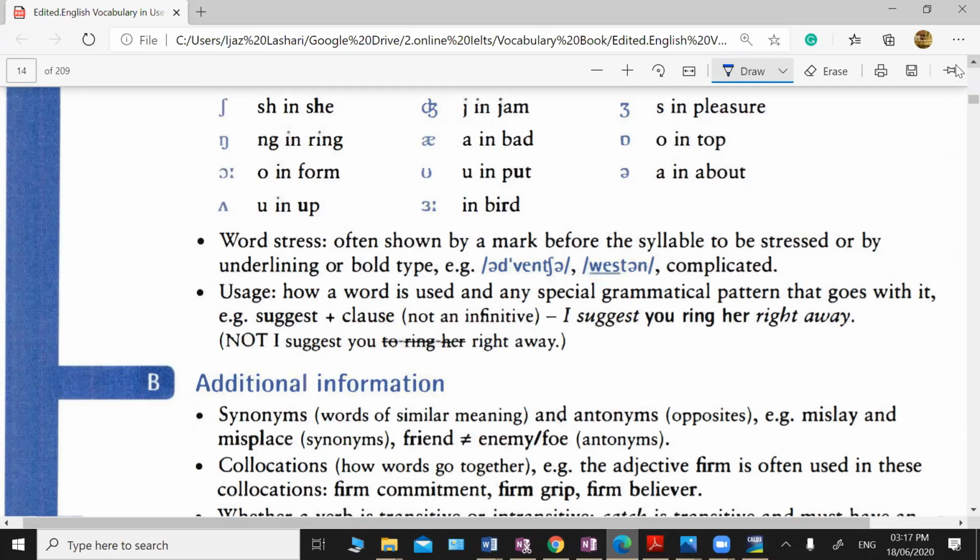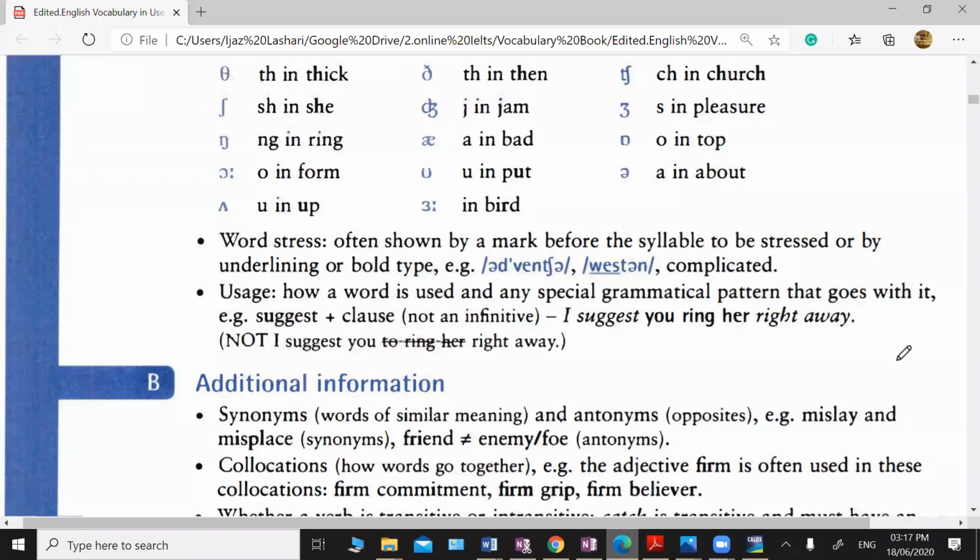But some students who look for American English can follow their pronunciation. It's fine, whatever you feel comfortable with or want to learn, you can go for it. Okay, we look at the next part here.